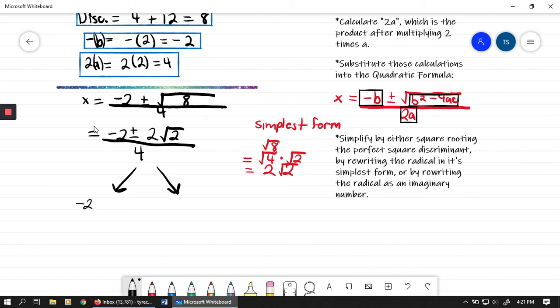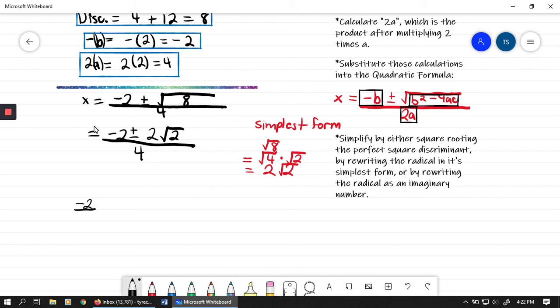Actually, I really don't have to write it quite like that. But I'm going to split this up into 2 separate terms. Maybe that's a better way to put it. So guys, when you have 2 different terms at the top, so at the top we've got the -2, and you see that these terms are separated by a plus or minus sign.